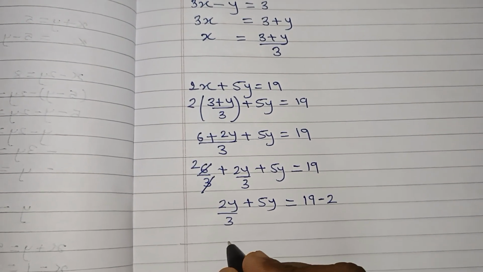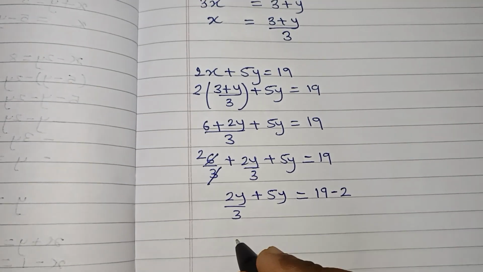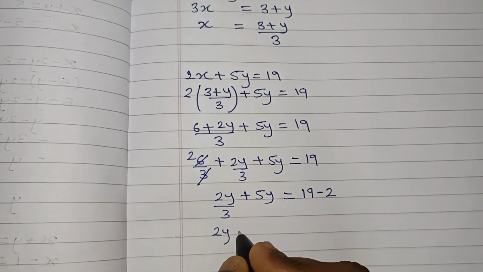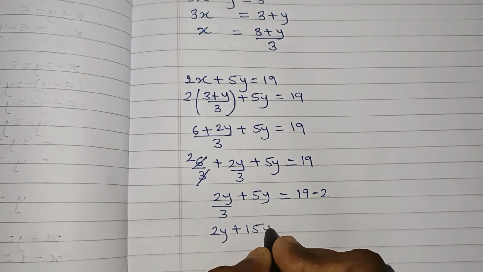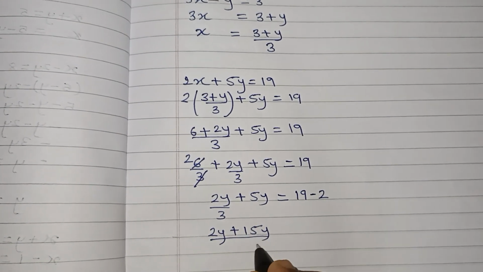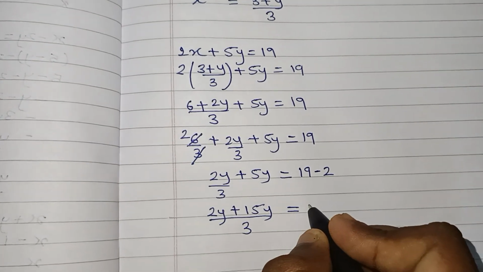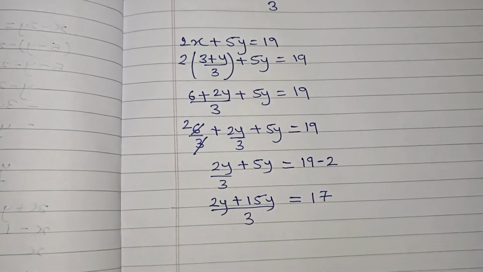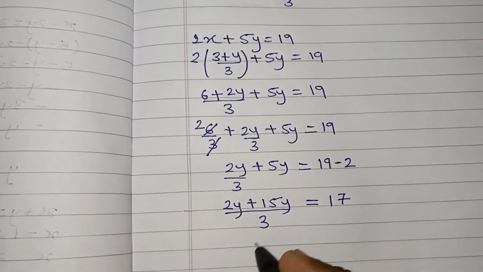So next I'll do the cross multiplication. Now I get 19 minus 2, that is 17.